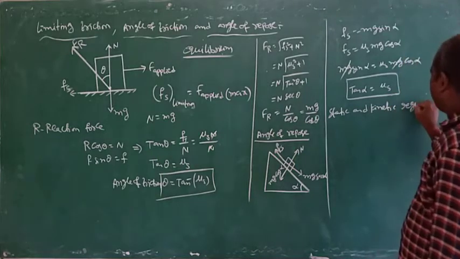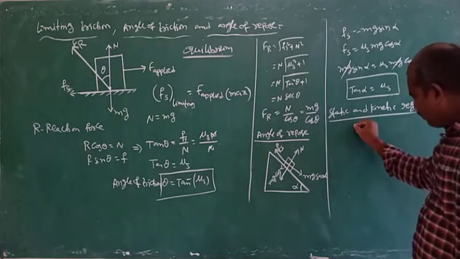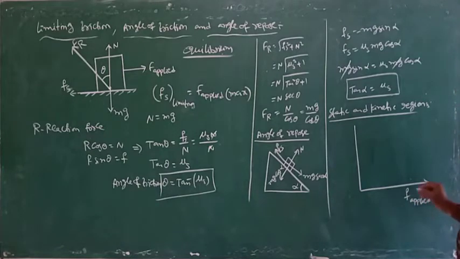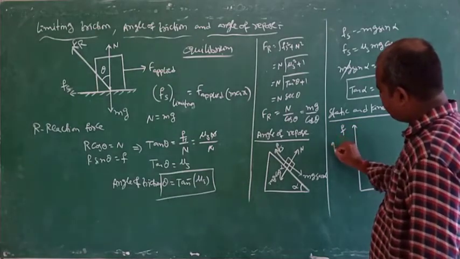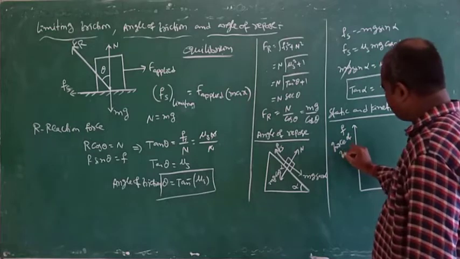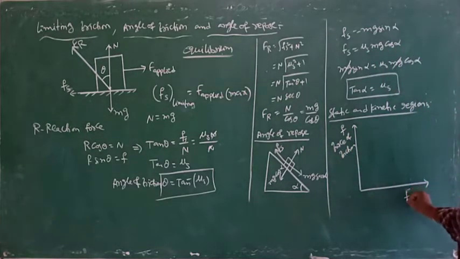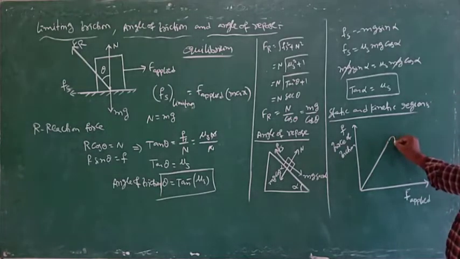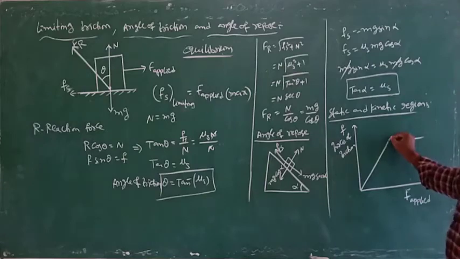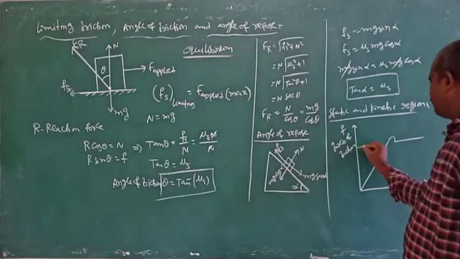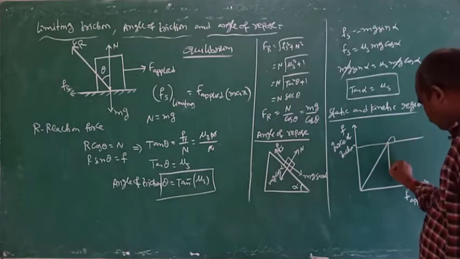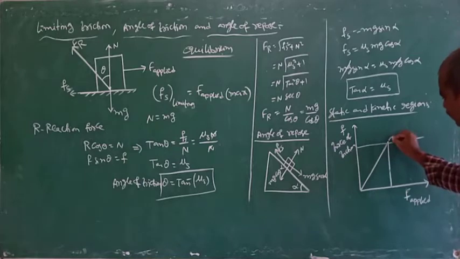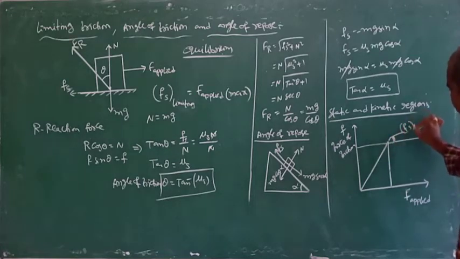When we draw the graph between applied force, capital F applied, and force of friction, this one is completely the static region. This is Fs limiting.